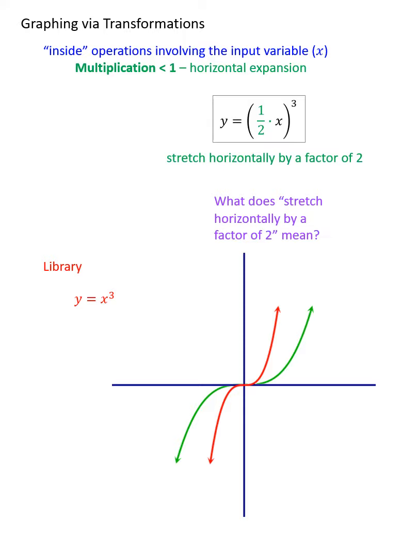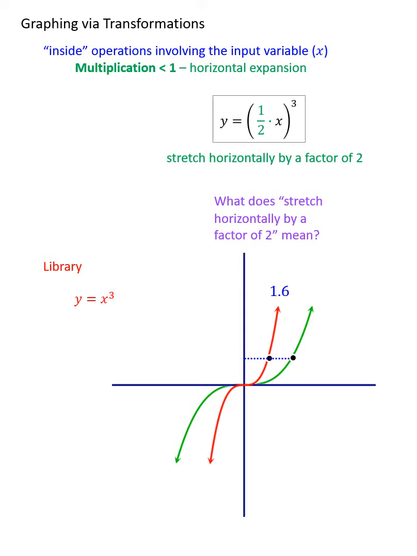And while I'm done with the problem, let's talk a little bit briefly about what it means to stretch horizontally by a factor of 2. What that means is if you were to take any point on that graph, say some random point that was a certain distance from the y-axis, 0.8 spaces, let's say, there would be some new point on the transformed graph that was double that distance away from the y-axis.